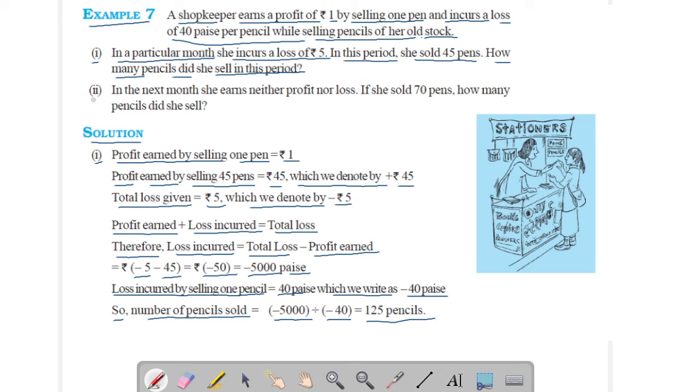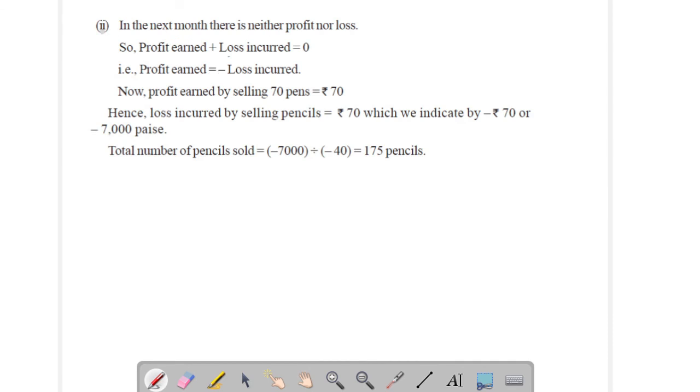Now come to second part. In the next month, she earns neither profit nor loss. If she sold 70 pens, how many pencils did she sell? See the solution of second part.